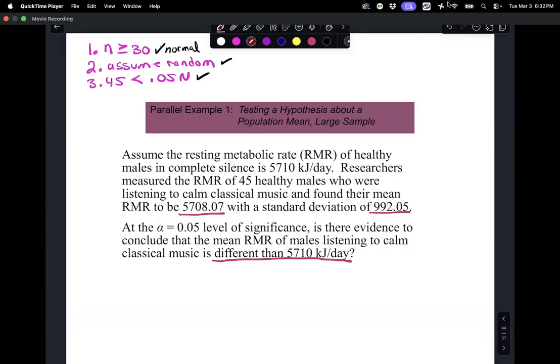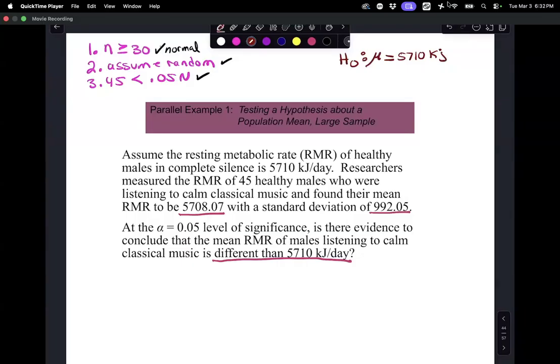Next, I'm going to write my null and my alternative hypothesis. So my null hypothesis, I'm putting it up top because it fits well there. Mu is equal to 5710 kilojoules. Okay.